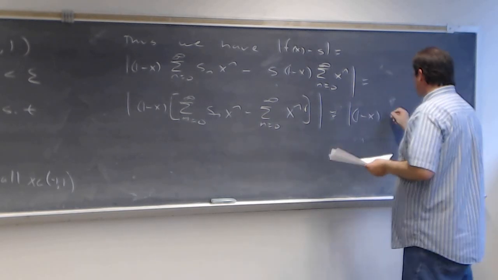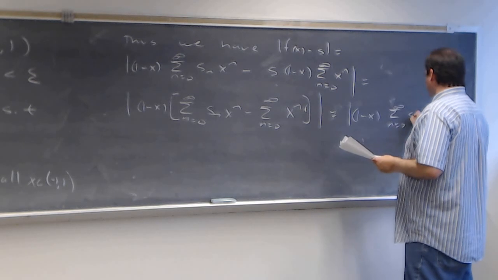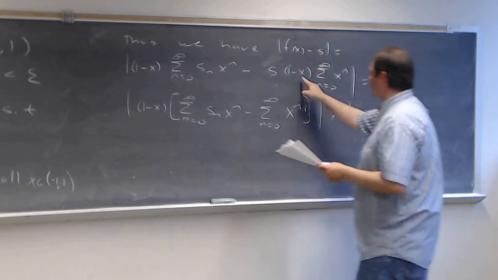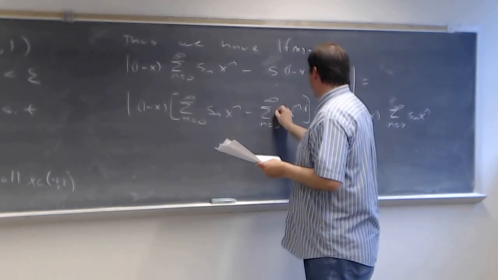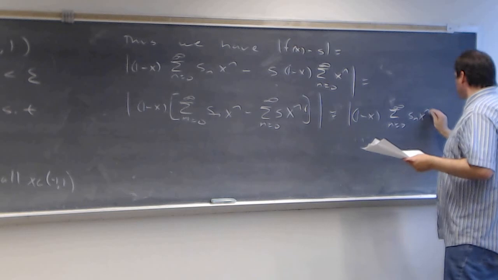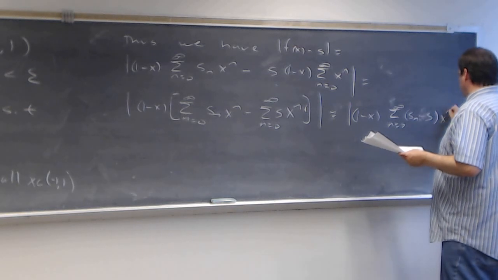We combine these two sums into one sum as n runs from 0 to infinity of s of n, x to the n. Hold on, I forgot an s here, so let's pull this s inside. So this is s of n minus s times x to the n.